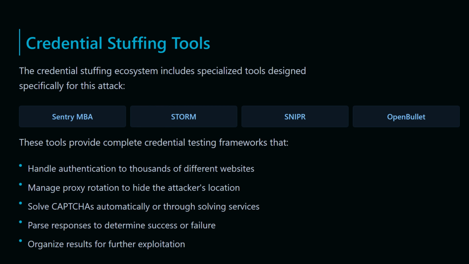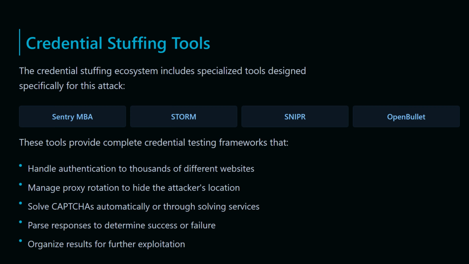Tools like Sentry MBA, Storm, Sniper, OpenBullet, and others provide complete credential testing frameworks. They handle authentication to thousands of different websites, manage proxy rotation to hide the attacker's location, solve CAPTCHAs automatically or through solving services, parse responses to determine success or failure, and organize results for further exploitation.